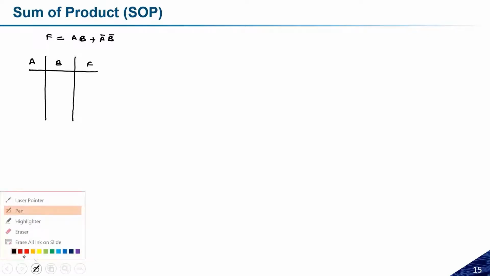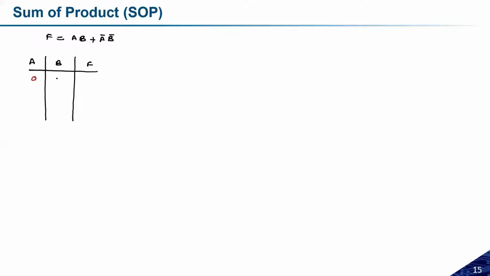Suppose I have a, b, and the function f. Let me write all the possible inputs. We have 4 possibilities: 0 0, 0 1, 1 0, and 1 1.